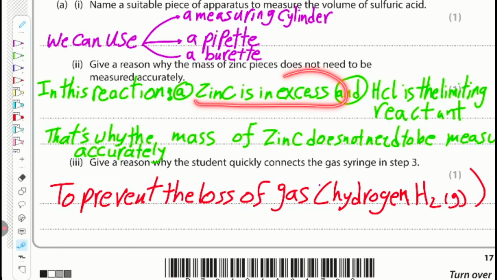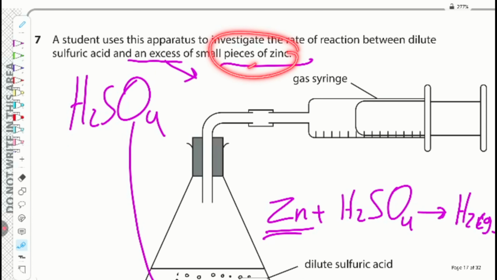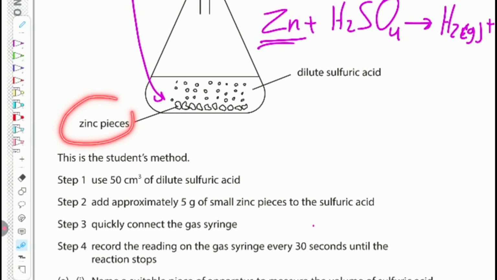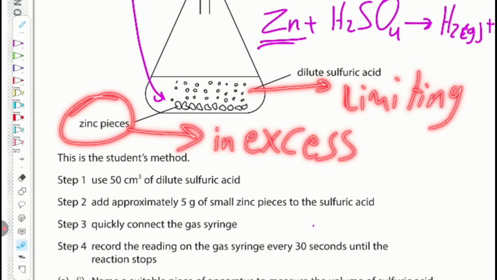In the question itself, they say that the zinc is in excess, meaning we use an extra amount of zinc, the excess chemical material, to react with what? With the sulfuric acid, which is the limiting reactant.